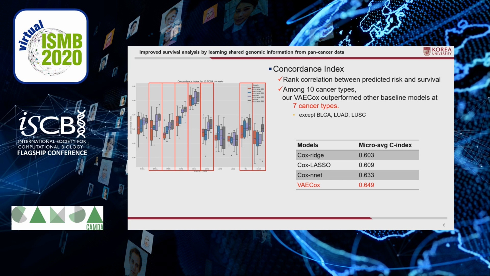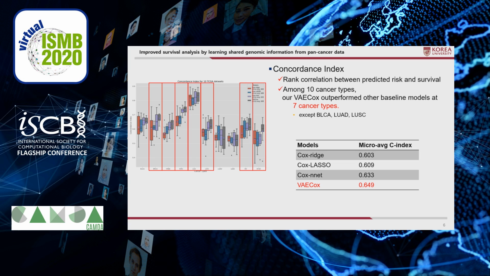This is the result part. We used Harrell's concordance index as a primary metric to evaluate our model. And we split the dataset into training and test sets 10 times and obtained 10 concordance index scores.